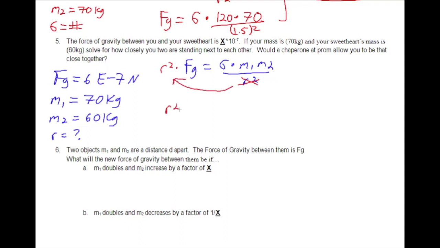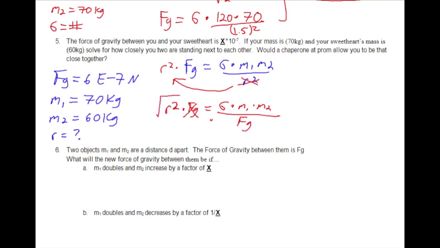So now I have r squared times Fg equals big G times m1 times m2. Next, I'm going to go ahead and divide by Fg so I can get rid of this guy. And then I just have r squared equals G times m1 times m2 over Fg. Some of you are going to realize that I don't want r squared, I just want r.